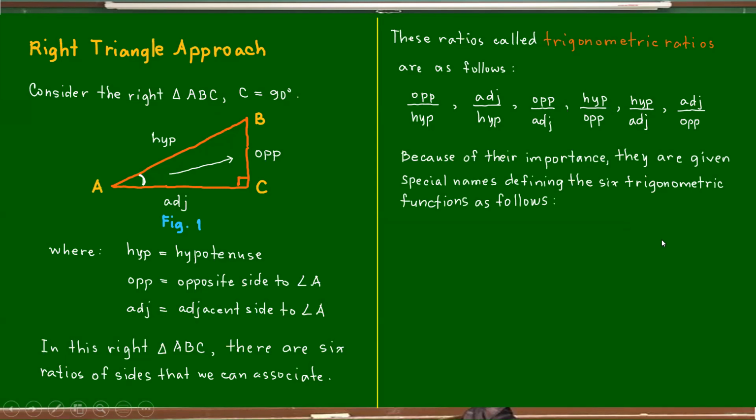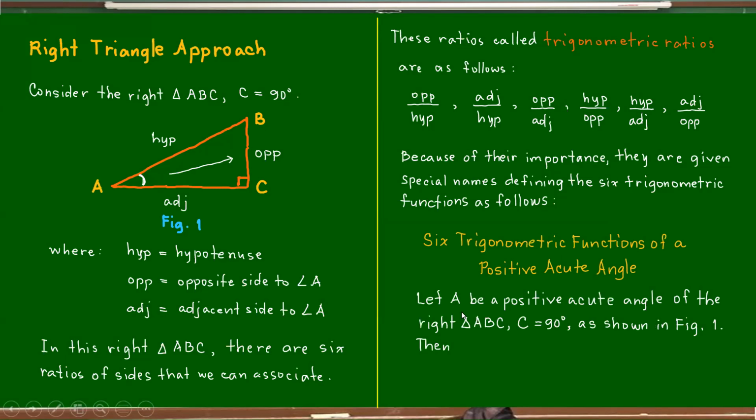Because of their importance, they are given special names, defining the 6 trigonometric functions as follows. So we have 6 trigonometric functions of a positive acute angle. So let A be a positive acute angle of the right triangle ABC having 90 degrees at C, as shown in figure 1. So this is the figure that I'm going to use.